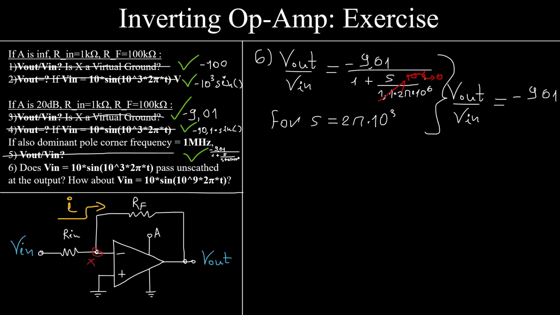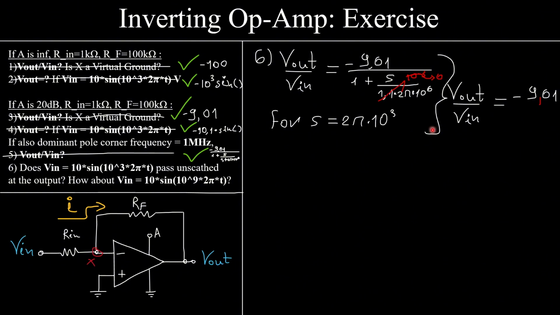This whole thing is about 10 to the power of minus 3, which is about 0 in relation to this 1 over here. This is very small in relation to this. So it's like we have nothing over here. So this means that Vout over Vin is minus 99.01.